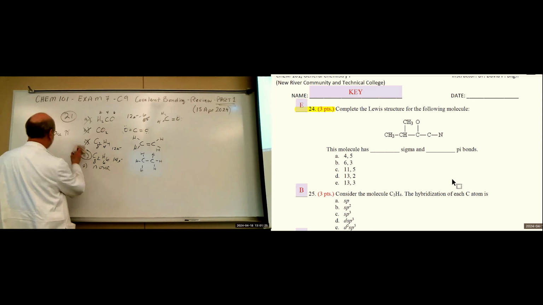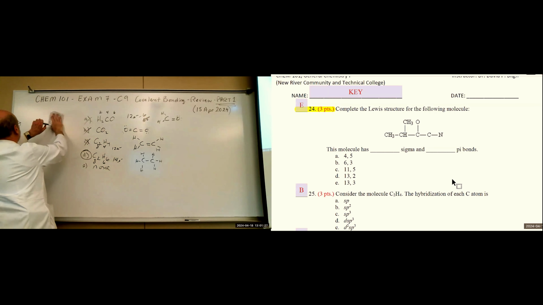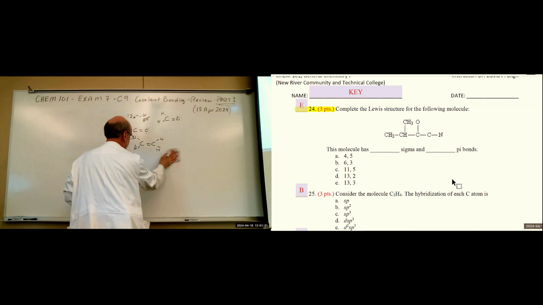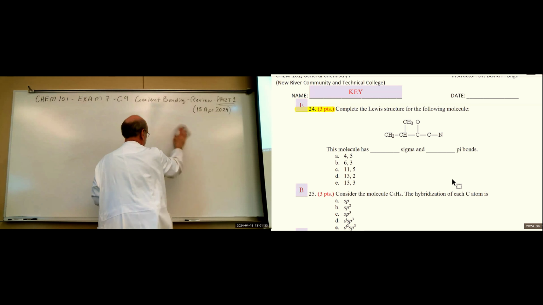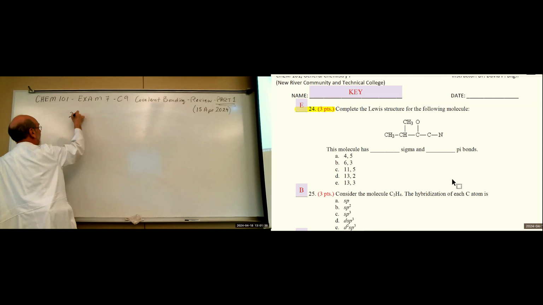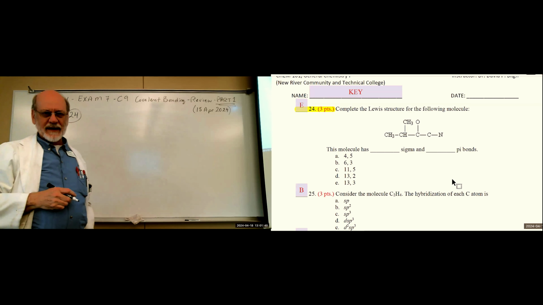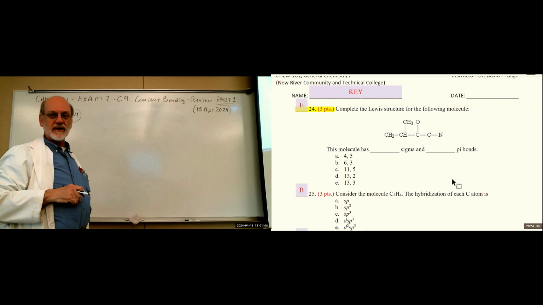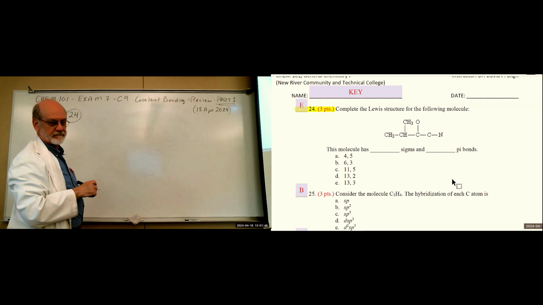Number 24. Complete the Lewis structure for the following molecule. So we're given a backbone here. That was nice of them.